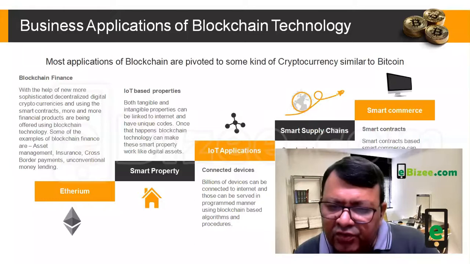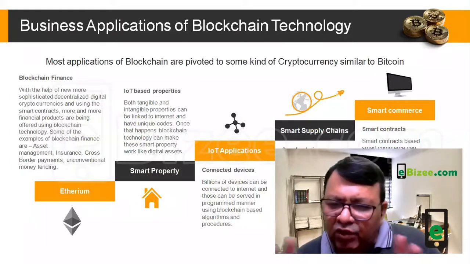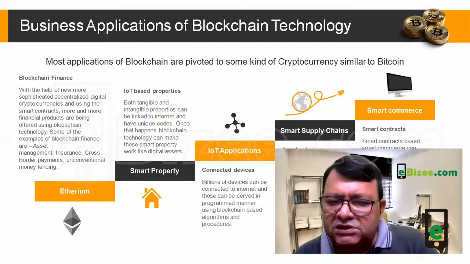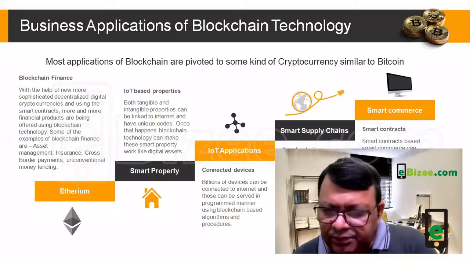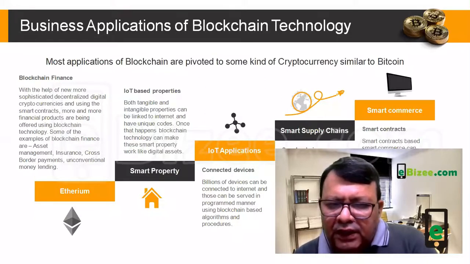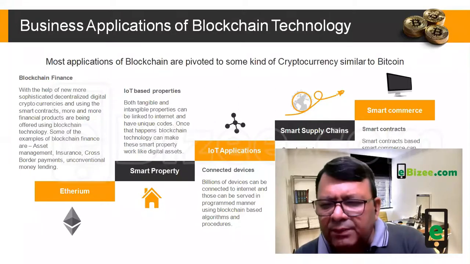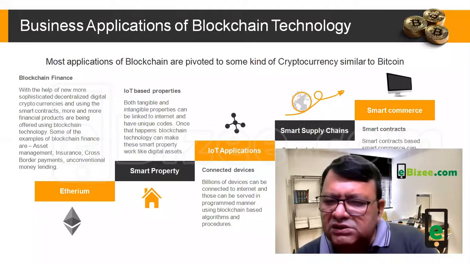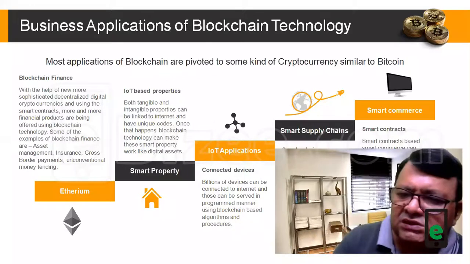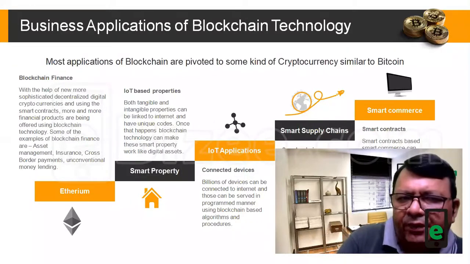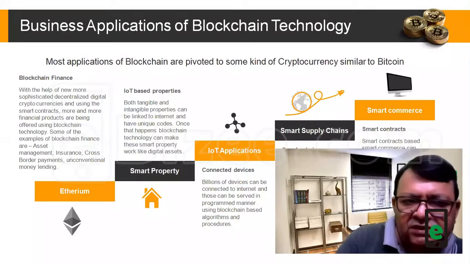So in Ethereum, you can innovatively create services and products around smart contracts. So Ethereum is one example. There are many other cryptocurrencies with specific goals and applications, which can be used for different business applications.